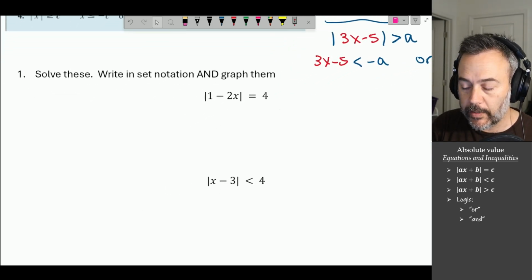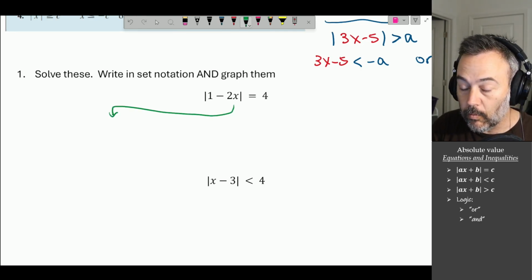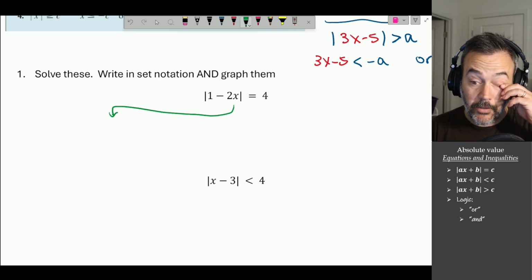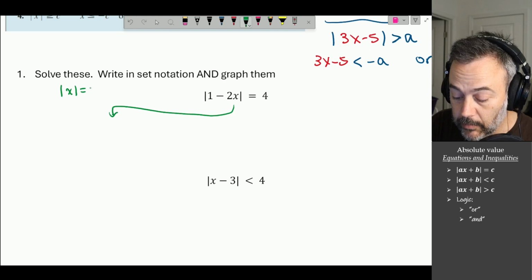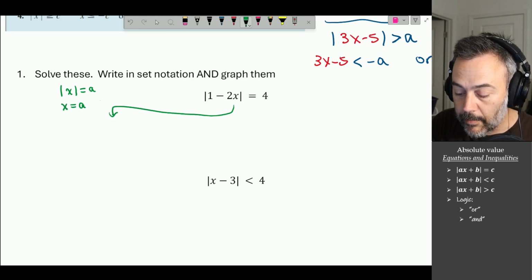We looked at two ways to do this problem. One was to do it algebraically, and that is to consider two cases. If I have the absolute value of something equals a number, then either that something equals a or that something equals negative a.